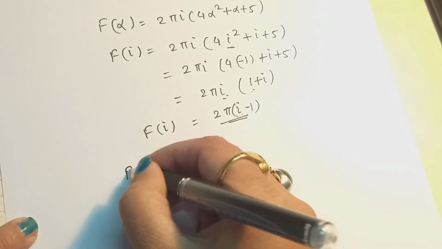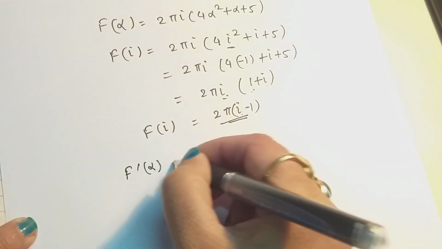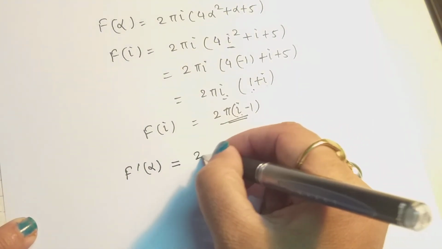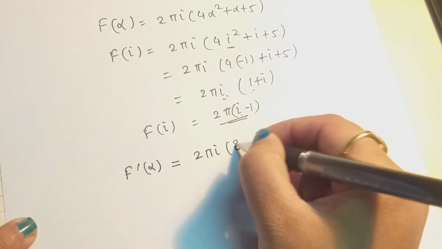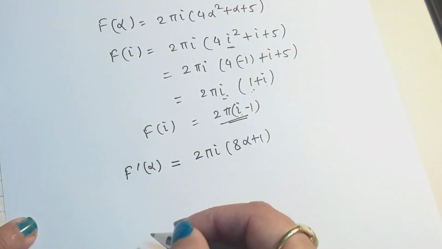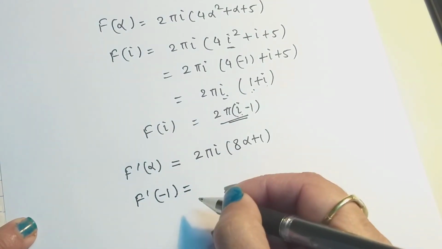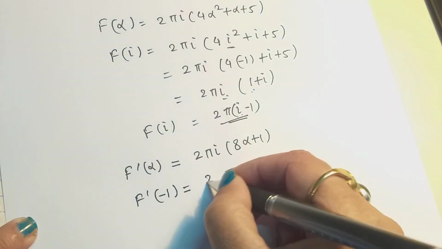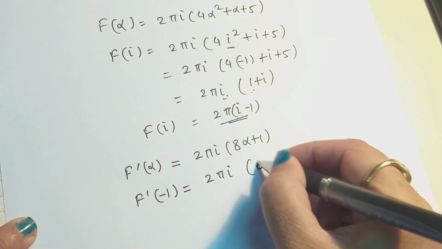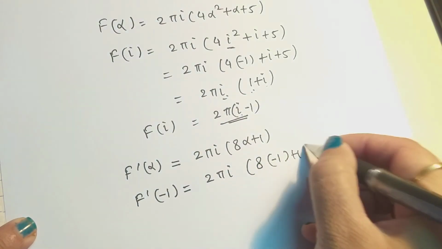Now the second value, F'(α). F'(α) is 2πι(8α + 1), and we have to find F'(−1). So we put α equal to −1. So 8 into −1 plus 1.